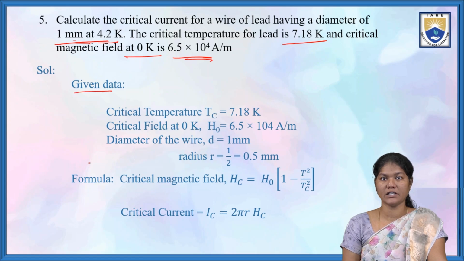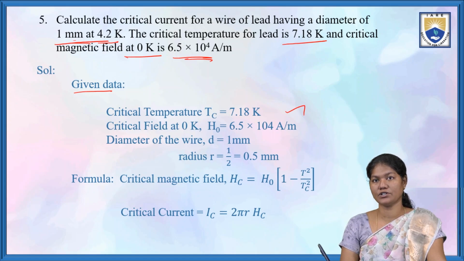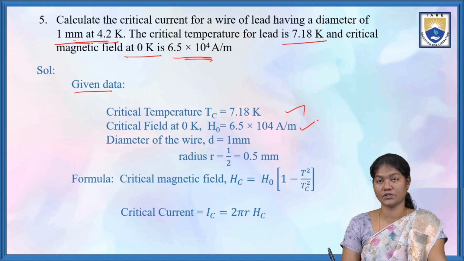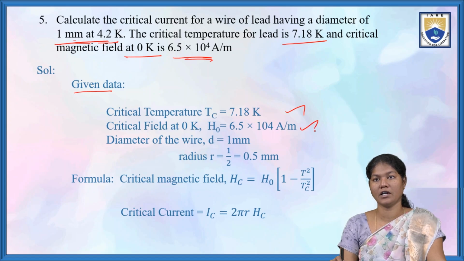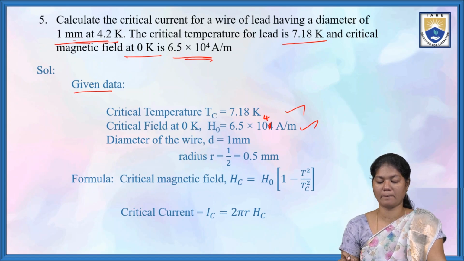Now the given data: critical temperature Tc is equal to 7.18 degree Kelvin. Critical field at 0 degree Kelvin H naught is equal to 6.5 into 10 power 4 ampere per meter.